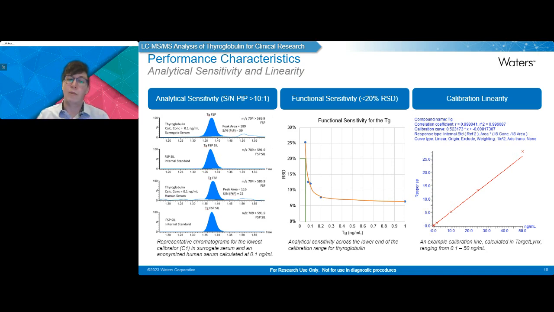We lose that reproducibility, going above 20% RSD, as we go down towards 0.05 nanograms per mil for this method. An example of calibration linearity is shown on the right-hand side, ranging from 0.1 to 50 nanograms per mil, demonstrating we have quite good linearity with the method as well.